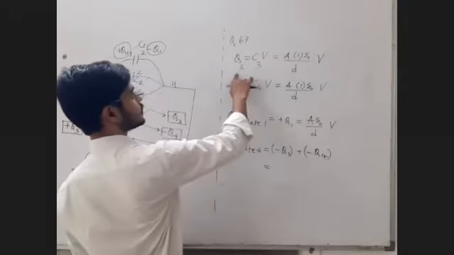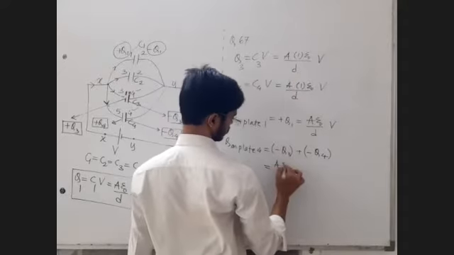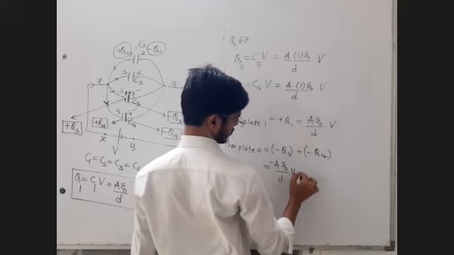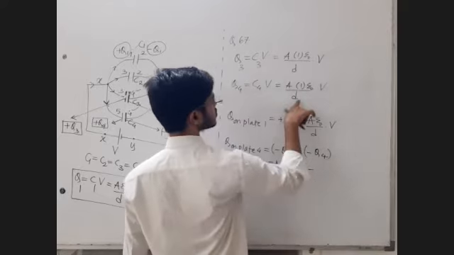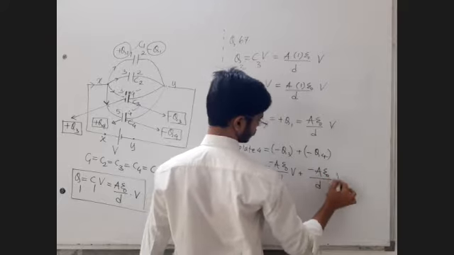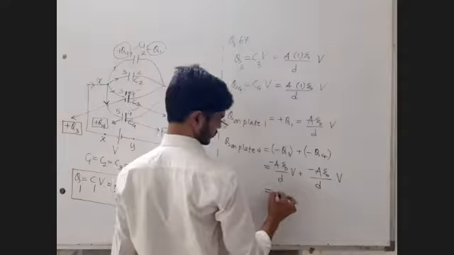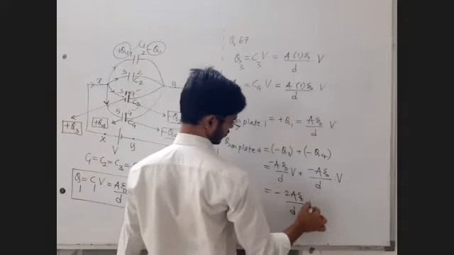Sir, Q3 value is here A epsilon 0 upon D into V. But sir, minus plus minus Q4. Q4 is A epsilon 0 upon D into V. Minus minus, here you have to add it. 2 times A epsilon 0 upon D into V.